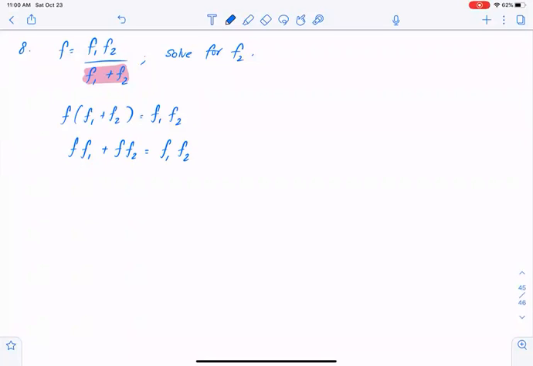Since we are solving for F2, I'm going to move the second term on the left-hand side to the right. So F times F2 would become negative F times F2. On the right-hand side, I have an F2 in common.